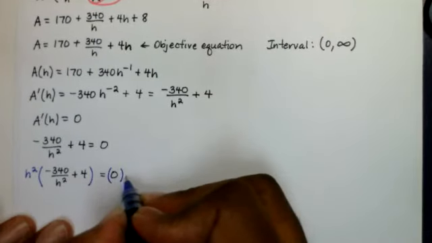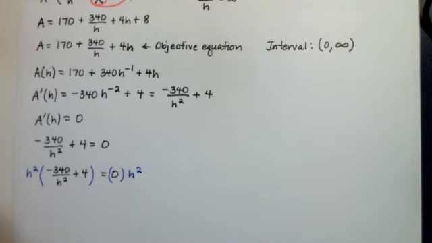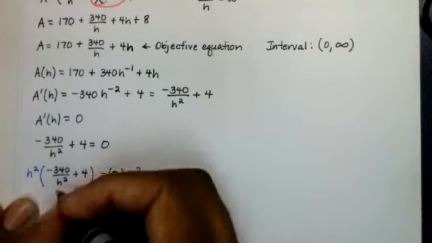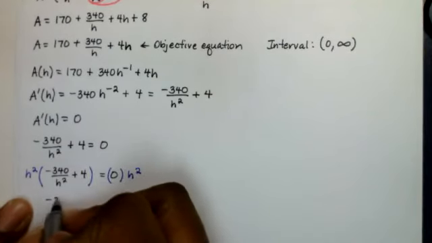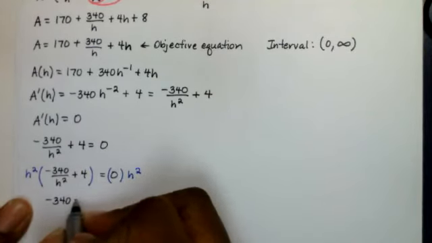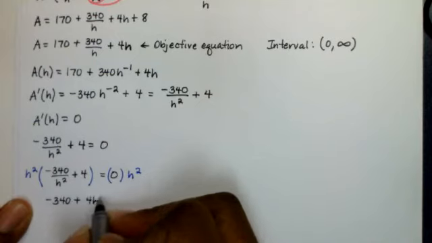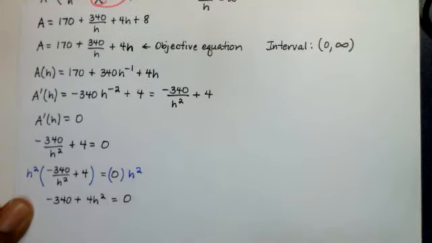So now, negative 340 over H squared times H squared, the H squares are gone. You're left with negative 340 plus 4 times H squared, which is 4H squared, equal to 0.